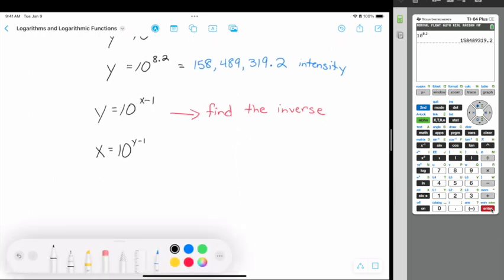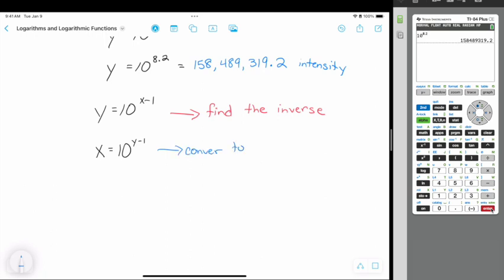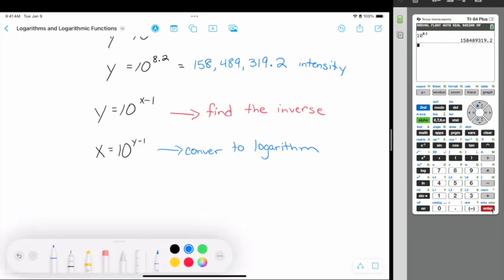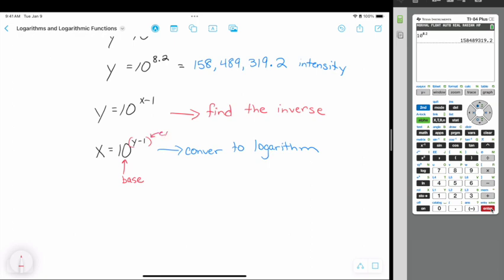But now we have a method for doing that, and that is to convert it to a logarithm. If we convert this into a logarithm, the exponent will come out of the exponent and into the regular problem. Why? Because a log is an exponent. 10 is the base. y minus 1 is the exponent.